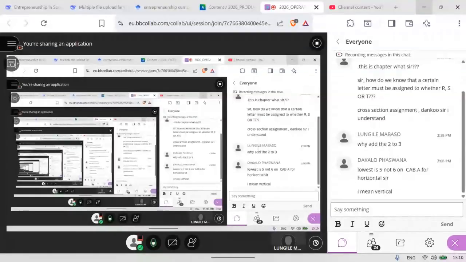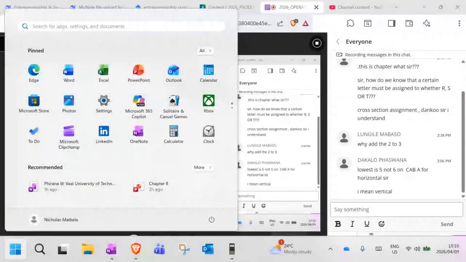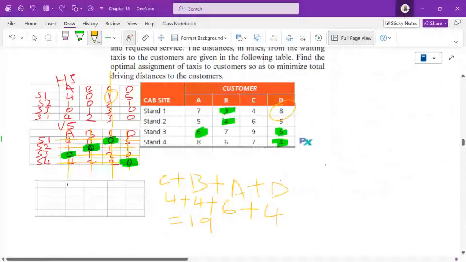Guys, do we have any question? And this, you can also prove it with software.